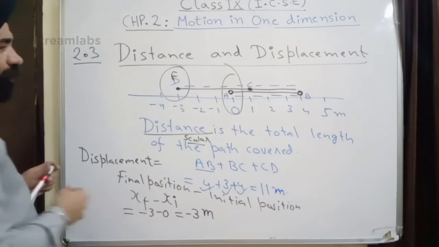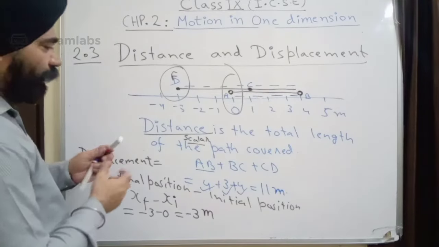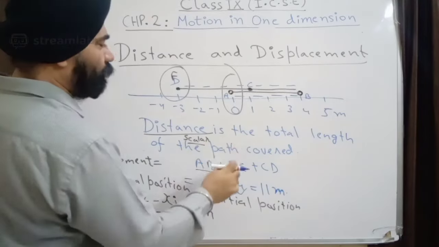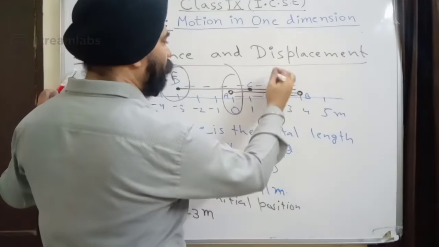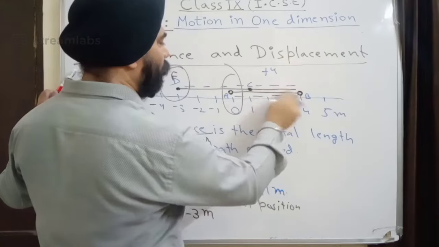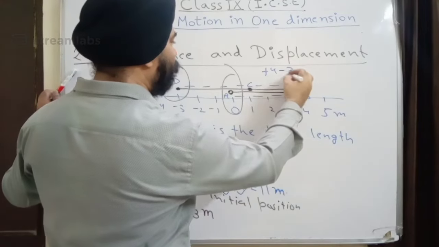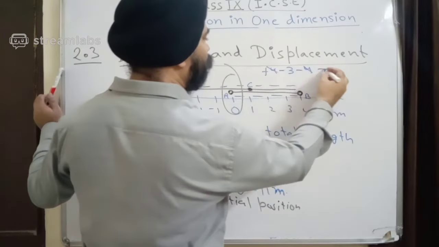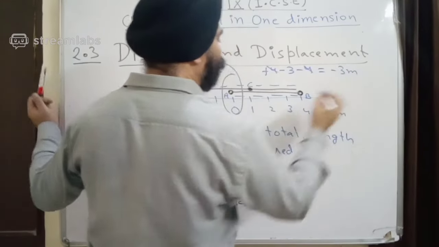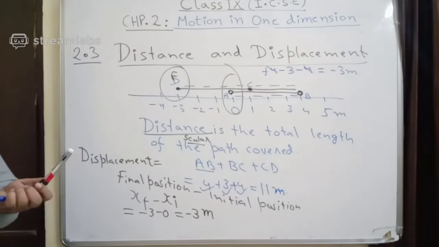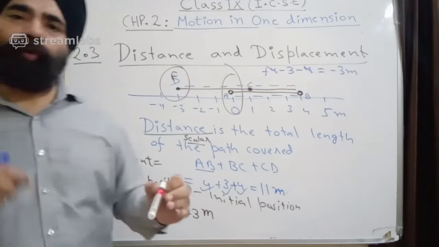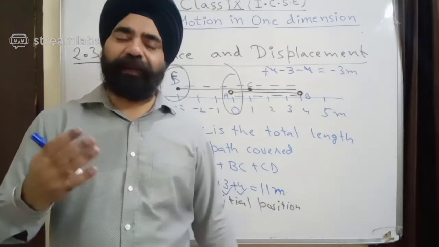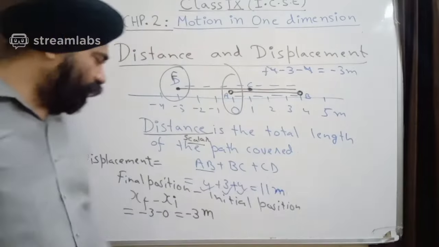So it is -3. If we add it up algebraically, this is +4, then this is -3, and this is -4. So +4 -4 cancels. I am still left with 3 meters. So if I add everything with the correct signs algebraically, I still get the same.